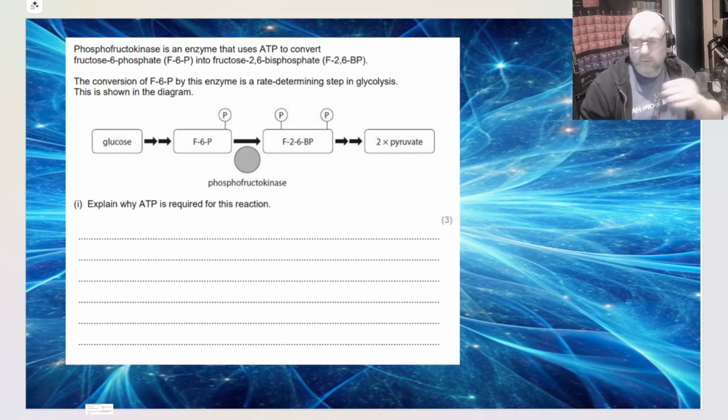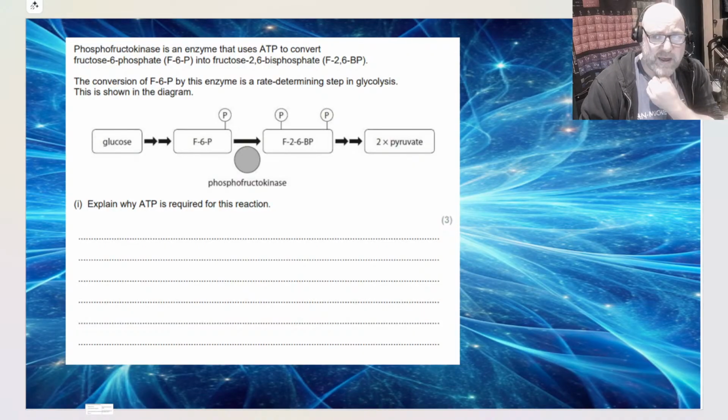Now, this is a difficult one. This is an application question because it's going to use names, and this is what happens in A-level biology. It's going to throw names at you that you've never heard of, like, what's phosphofructokinase? Phosphofructokinase is an enzyme that uses ATP to convert fructose 6-phosphate, F6P, into fructose 2,6-bisphosphate, F26BP.